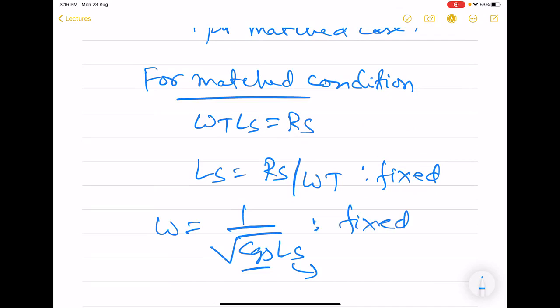So for match condition, we find that the operating frequency where input impedance is going to be real becomes fixed. And if we want to use this LNA at any other frequency other than this one, then we will not be able to achieve 50 ohm or real input impedance. So we do not have freedom in fulfilling the match condition and deciding the operating frequency.